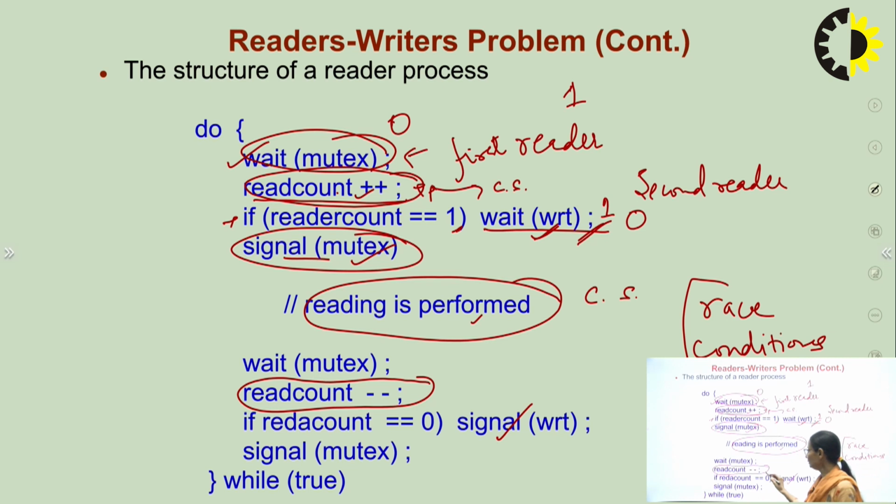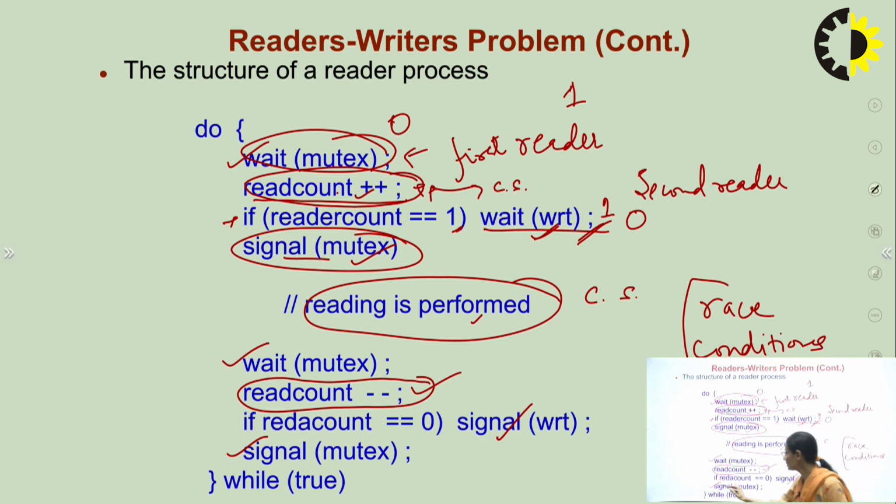Again, to avoid the race condition, we have to synchronize the actions between the reader processes. That is, no two reader processes should access the read count variable concurrently or simultaneously. So how have we done this? Again, we have used the wait mutex, and to notify other reader processes, we have used the signal mutex.